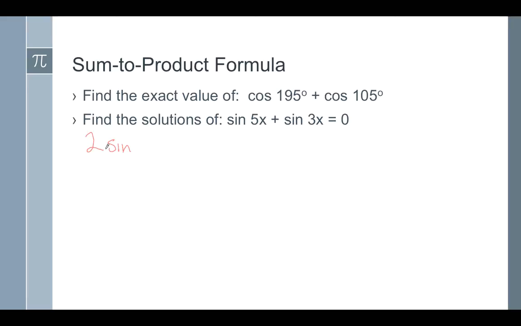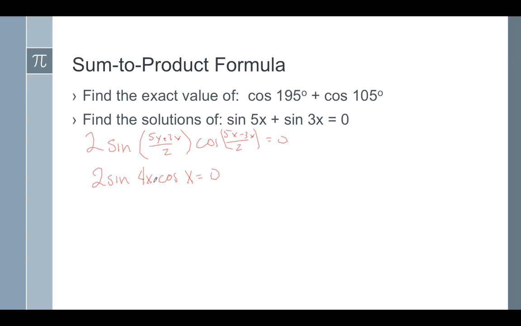So this becomes 2 times the sine of (5x plus 3x) over 2 times the cosine of (5x minus 3x) over 2 equals 0. Simplifying, 5x plus 3x is 8x, divided by 2 is 4x. And 5x minus 3x is 2x, over 2 is x.